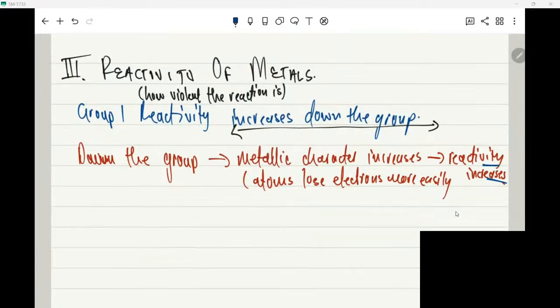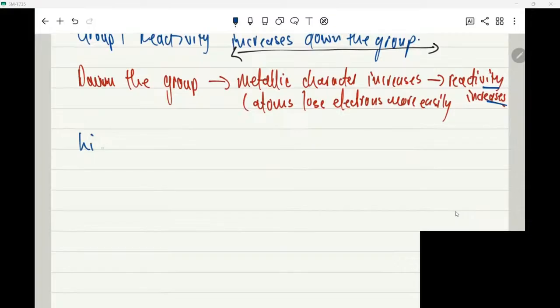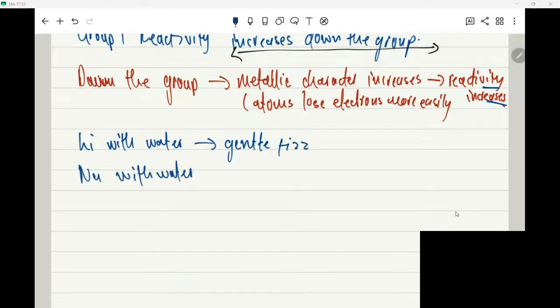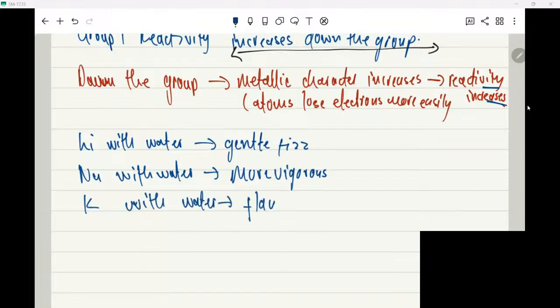More violent. What you must know is that lithium with water, what is the reaction going to be? Gentle. You can say it'll be a gentle fizz. What about sodium with water? More vigorous. What about the next one, potassium, with water? A flame, which is lilac.